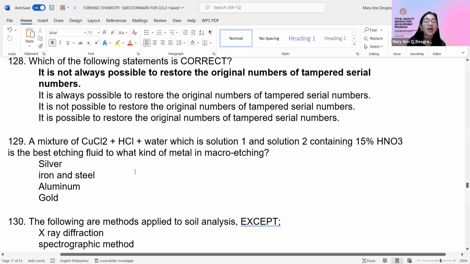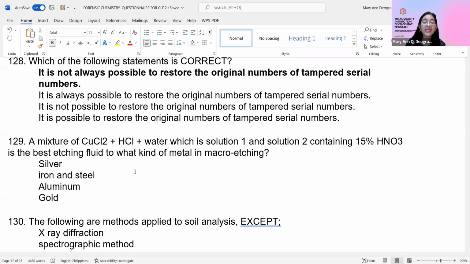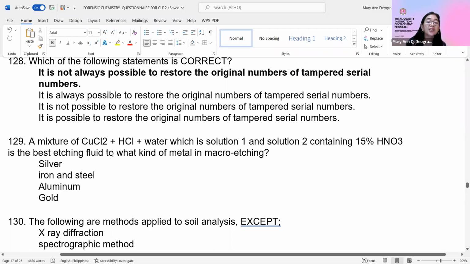Okay, a mixture of copper chloride plus hydrochloric acid plus water, which is solution number 1, and solution number 2 containing 15% nitric acid is the best etching fluid for what kind of metal in macro etching? So, ang sagot dito guys is iron and steel.